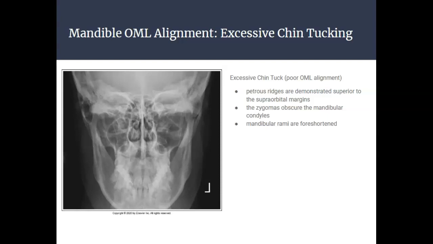We're going to look at that relationship of those petrous ridges, and in this case, they are demonstrated superior to the supraorbital margins. Your zygomas will obscure the mandibular condyles, and the mandibular rami will be foreshortened in this projection. And in this projection, we've clipped the chin, so it's not the best, but it is an example of excessive chin tuck.